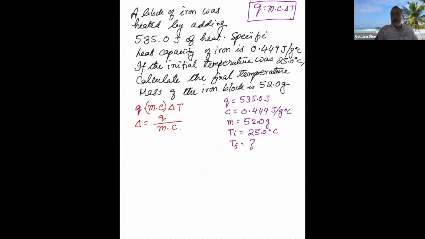If I isolate delta T and divide both sides by MC, I'll be left with this, right? So I isolated delta T here.